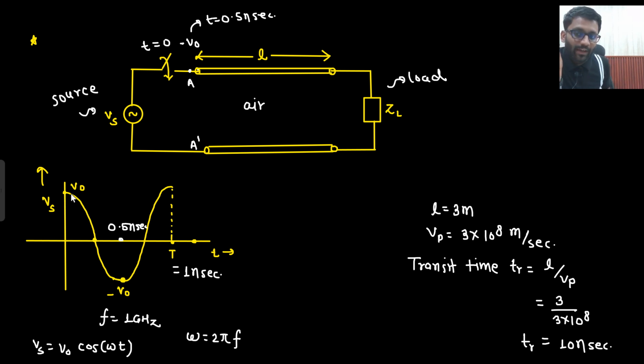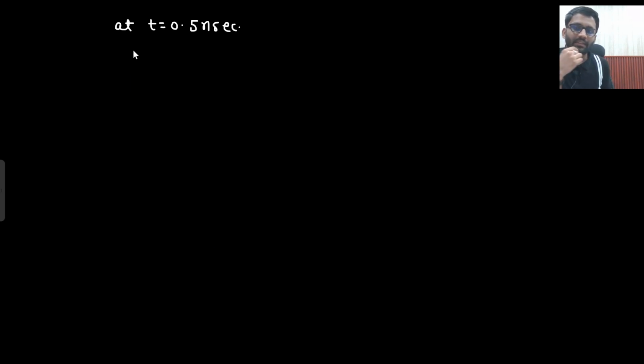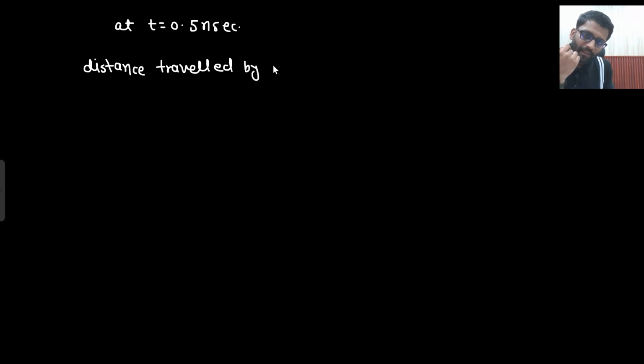Now where would this V naught have been? At t equals to 0, this V naught was here. Now in 0.5 nanosecond, how much distance would this V naught have covered? What will be the distance traveled by V naught in 0.5 nanosecond?